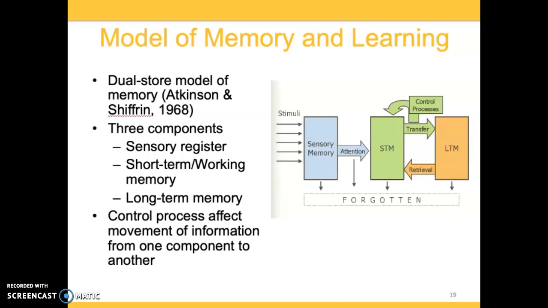If there is a stimulus, sensory memory is looking at the information, and when you pay attention, it moves to the short-term memory, and from short-term memory the transfer happens into the long-term memory. If it doesn't happen, it can be forgotten at any stage of the process.